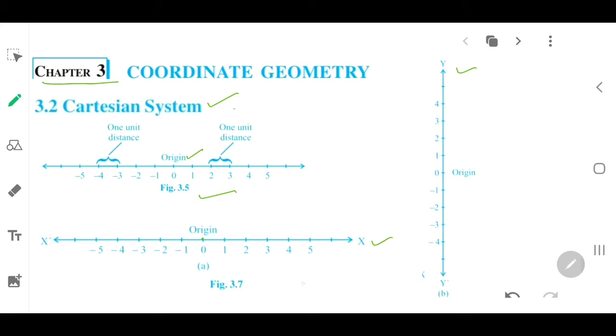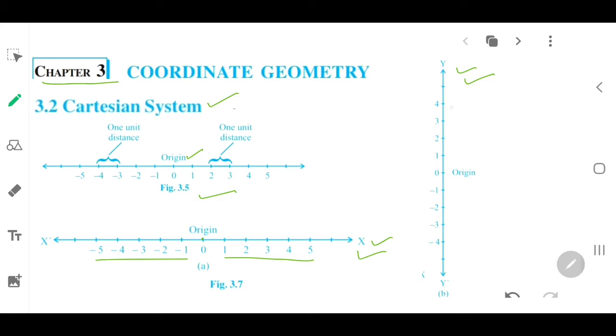Under the Cartesian system you will find this number line has two different axes. One we call the x-axis and the other one is the y-axis. In the x-axis you will find it has an origin, and on the right hand side it has all the positive values, and on the left hand side it has all the negative values.